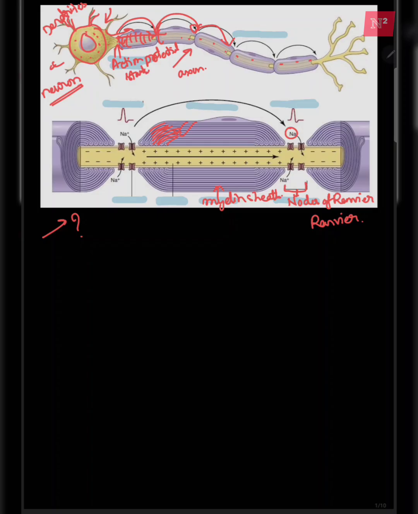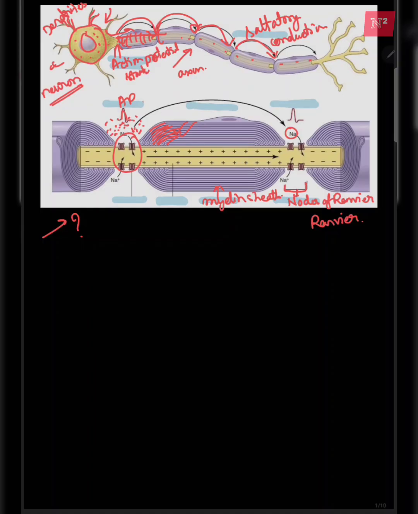So this typical movement of the action potential, jumping from one node of Ranvier to another, is called saltatory conduction of electrical signals, which takes place in the nerves. Now why is this happening in nerves? Because in the nodes of Ranvier, all the ions are getting accumulated.